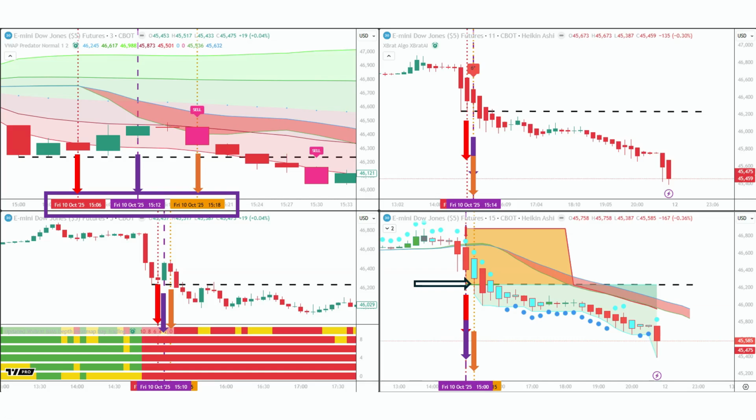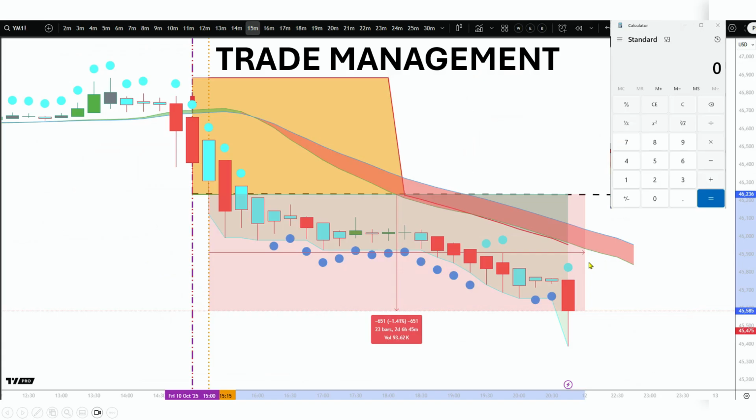This is YM, the Dow Jones futures on Friday the 10th. This is zoomed in a little bit and we're talking about trade management here. Let's remind ourselves, we got that entry when we broke through this point here, and that last piece of the puzzle, the VWAP predator.